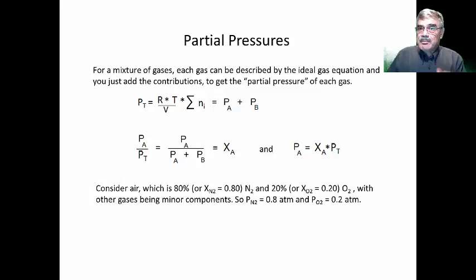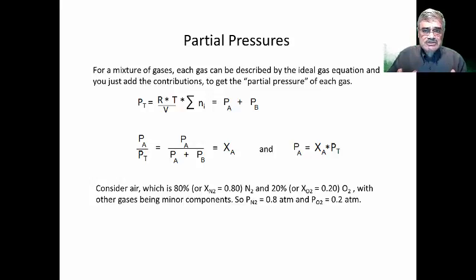That means in air, the partial pressure that is nitrogen is 0.8 atmospheres. Okay, and likewise for oxygen, we say 20% oxygen, or the mole fraction is 0.20 for oxygen. 0.20 as a mole fraction times the total pressure of 1 atmosphere. That means that in air, the partial pressure due to oxygen is 0.20 atmospheres approximately.